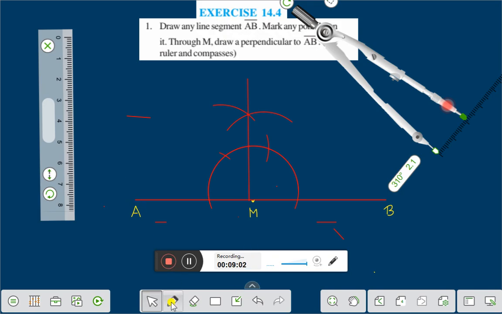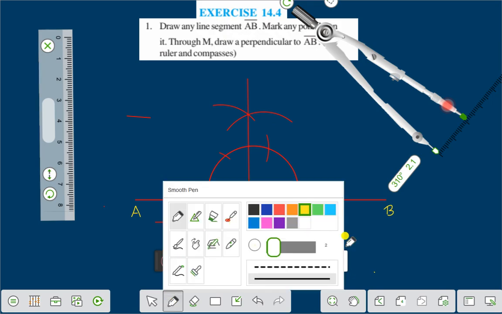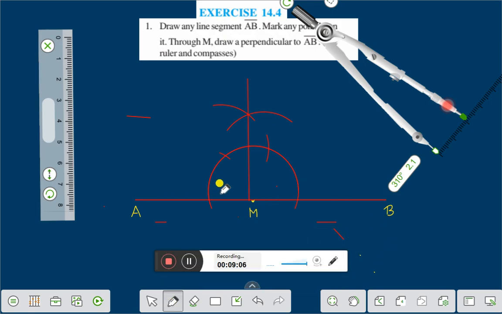Suppose this is A, this is B, this is M, this is C point, this is D, this is E, this is F, and this point you can write any name, that is L.